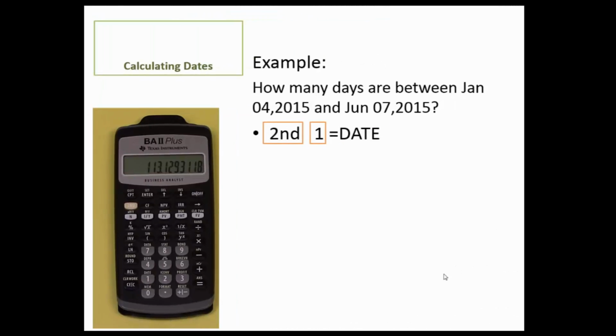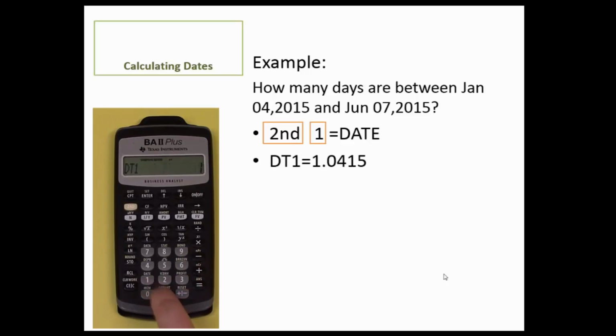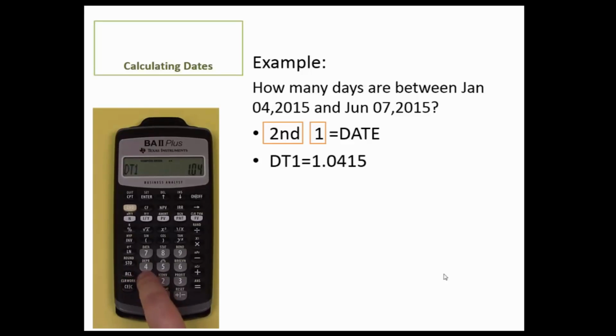Next, we'll explore how to calculate dates using the example, how many days between January 4th, 2015 and June 7th, 2015? Press second and then 1 to enter January 4th, 2015. Enter 1.0415. Press down to enter the next date, June 7th, 2015.